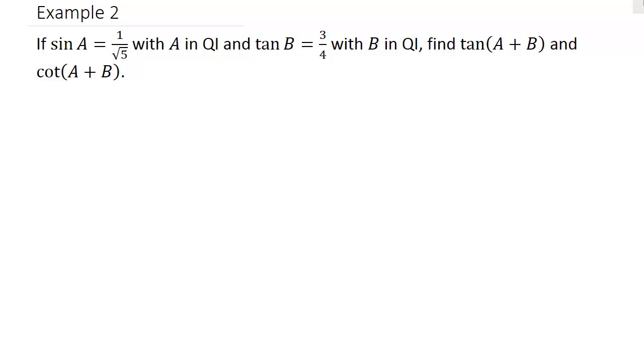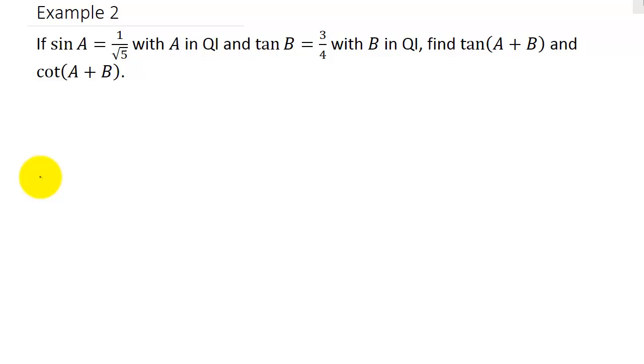I have sine A is 1 over square root of 5, and A is in quadrant 1, and tangent B is 3 over 4, and angle B is in quadrant 1, and they want us to find tangent A plus B and cotangent A plus B. If you noticed in the formulas I had, there was not a formula for cotangent A plus B. That really doesn't matter, because we can just find tangent A plus B, and once we have it, cotangent is just the reciprocal of tangent.